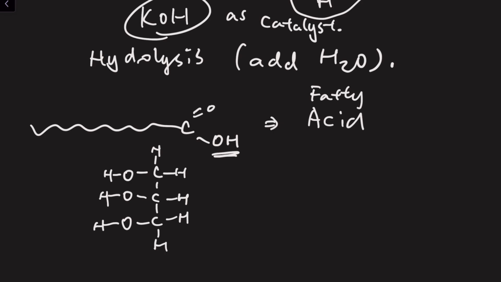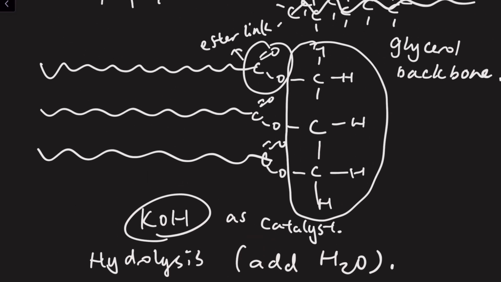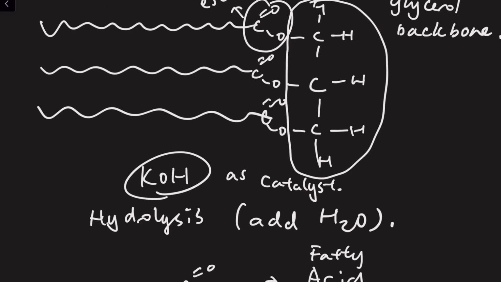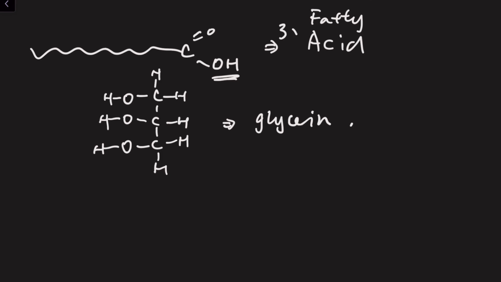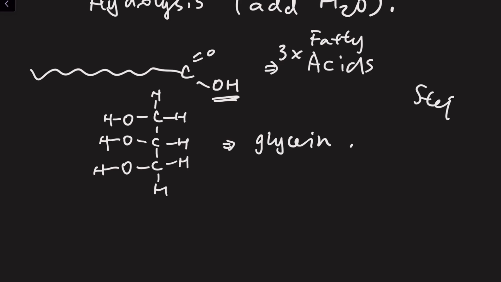And this molecule is called glycerin. And during this reaction, because we have a triglyceride, we would produce 3 fatty acids and 1 glycerin. So this is step 1.